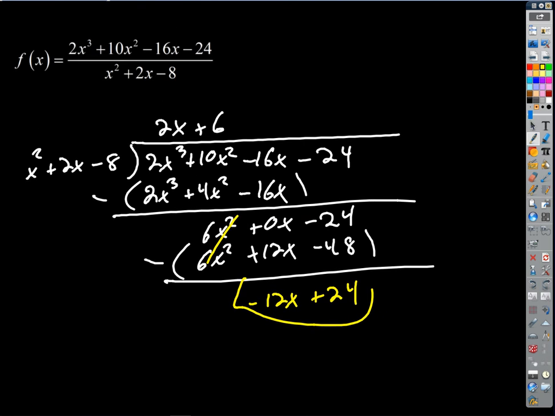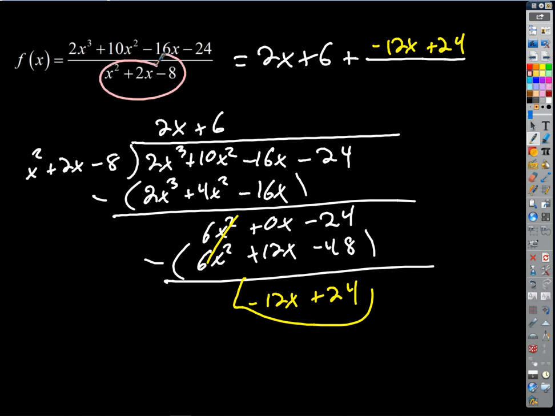My answer is 2x plus 6 plus my remainder of negative 12x plus 24 divided by x squared plus 2x minus 8. Now, what happens if we take the limit of that function as x approaches plus or minus infinity? What's going to happen here?